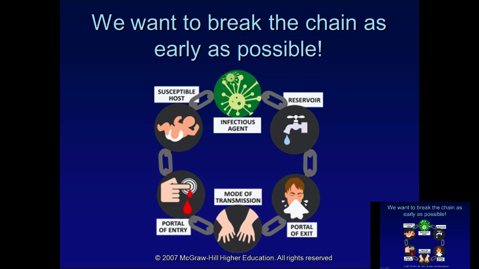It goes in this order, starting with infectious agent when we look at breaking the chain. We will want to start here ideally, but these infectious agents all exist, so we need to try to break it as early on as we possibly can. If we can break it at reservoir, that's next best. Portal of exit, that's next best, and so forth.